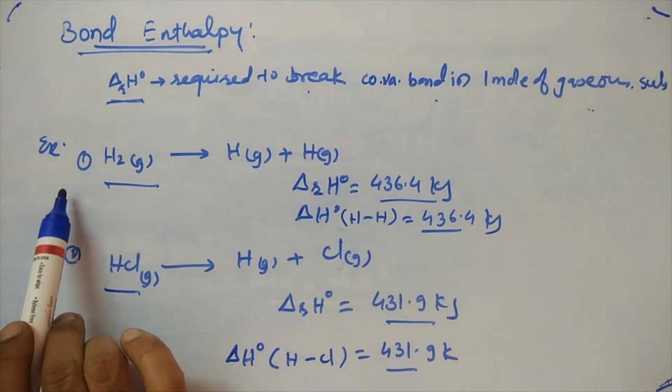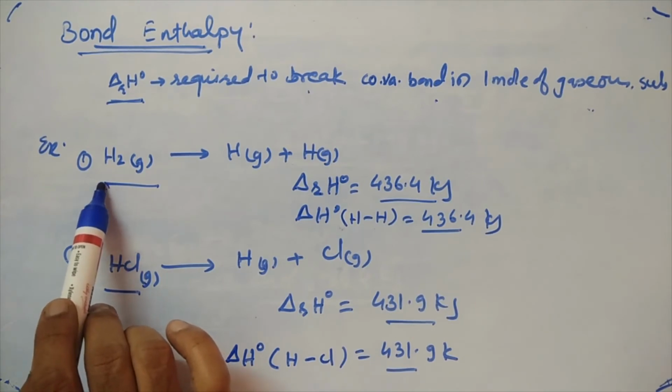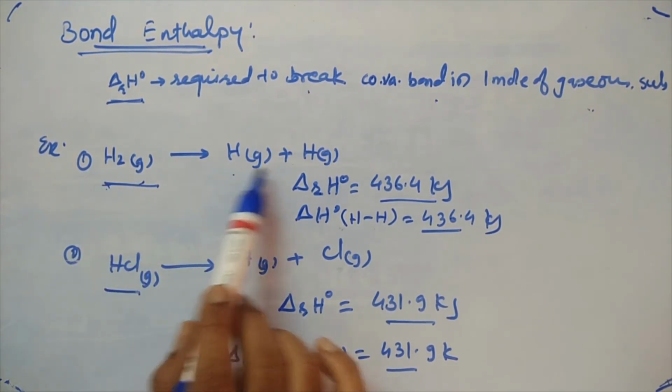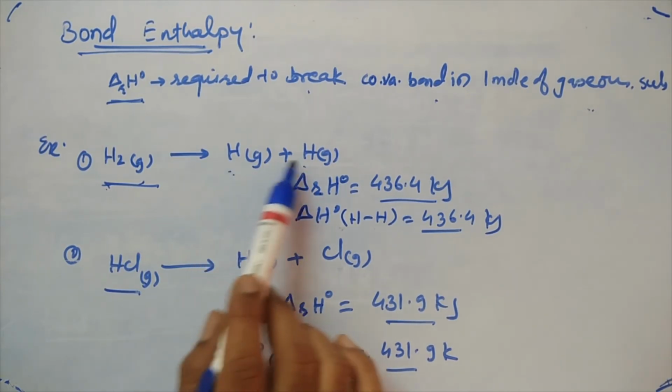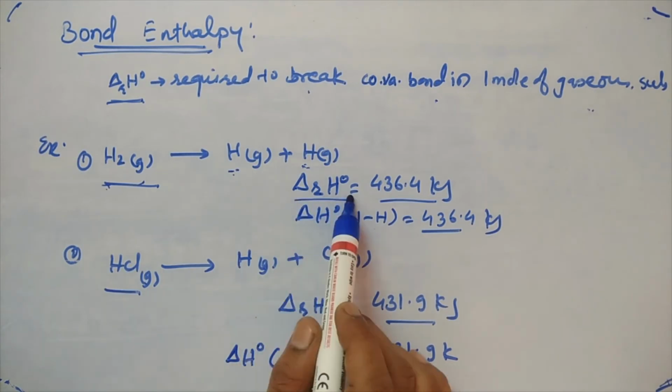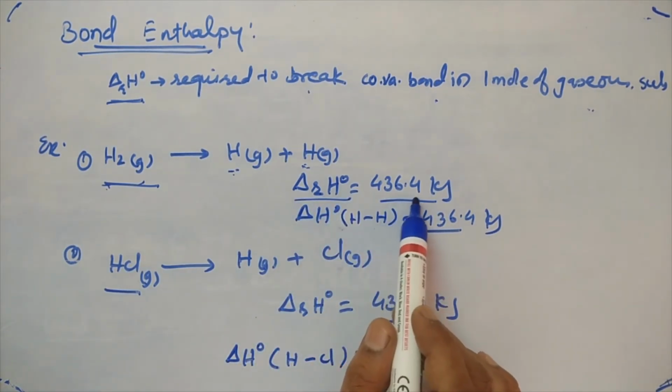Now see the example, that is the hydrogen molecule. When it breaks into 2 hydrogen atoms, the bond enthalpy is 436.4.